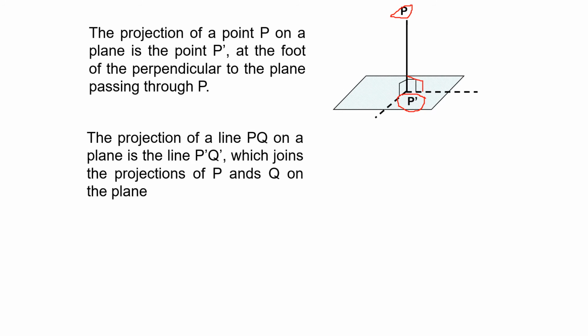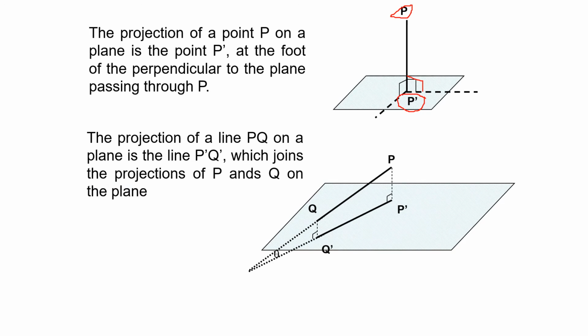And next, the projection of a line PQ. So for example, if you have a line and you need to know the projection of the line, P prime Q prime, this is the drawing. All right, so if we have points P and Q over here, the projection will simply be P prime Q prime.